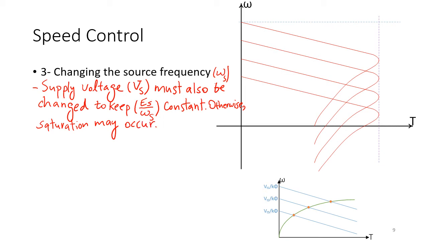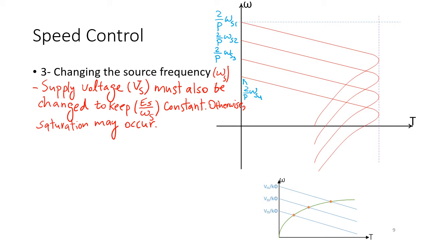So we change the frequency to be omega s1, 2 over p omega s2, 2 over p omega s3, and here 2 over p omega s4.